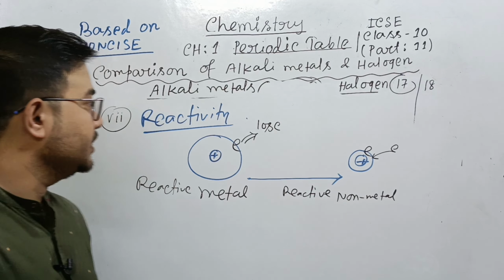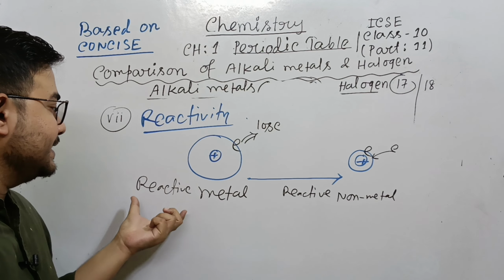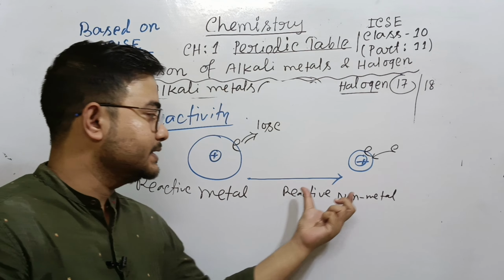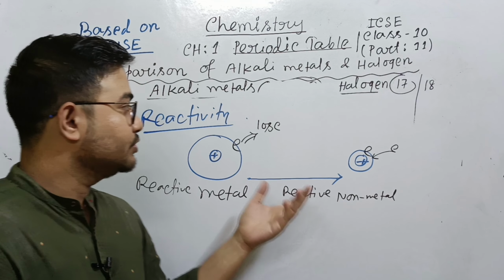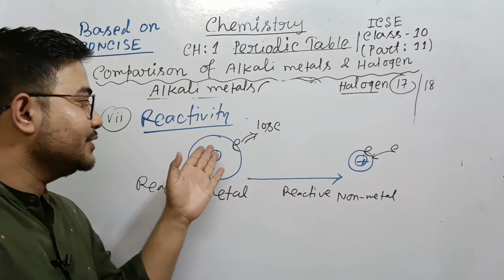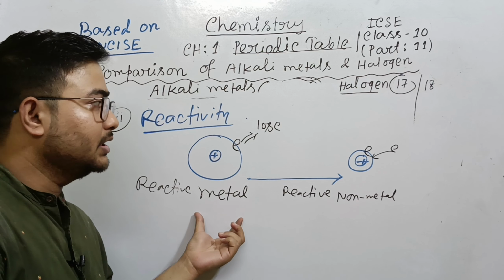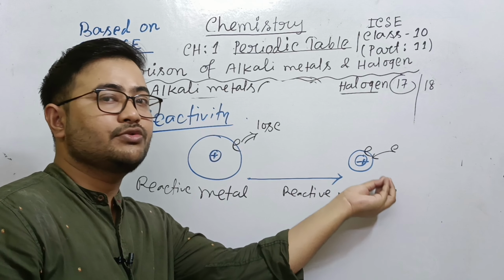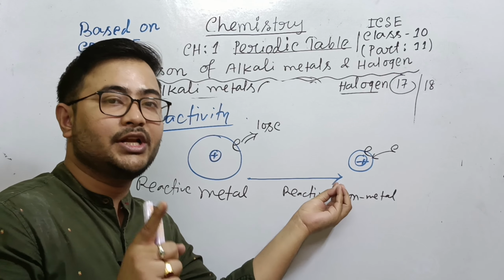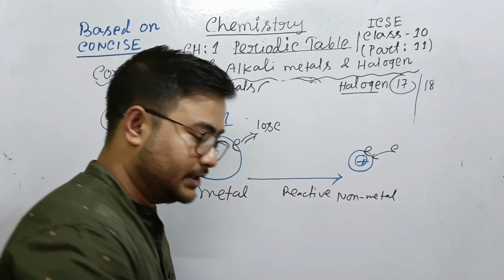So you can write: in case of alkali metal, it has a tendency to lose an electron, so it is a reactive metal. In case of halogen, it has a tendency to accept an electron due to its smaller radius, so it is a reactive non-metal. Okay, done.